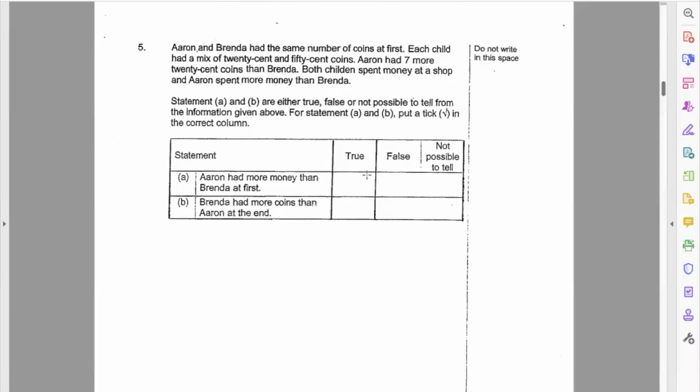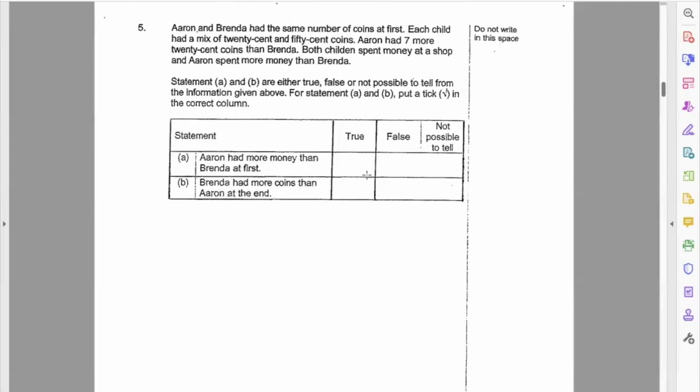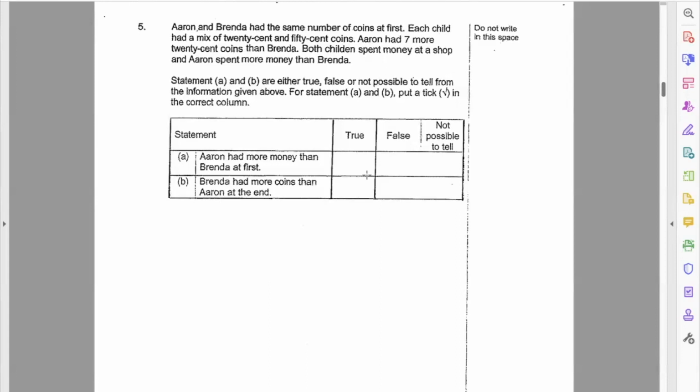The first thing I'll do is gather as much information as I can from the question. I see that Aaron and Brenda both have the same number of coins, so I can draw a model to represent the number of coins they had.